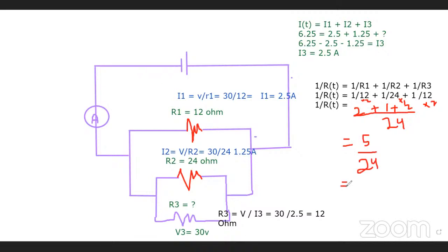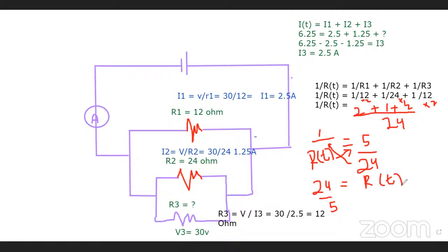Which is equal to 24 over 5. Yes, because RT is in the denominator, we are going to do the cross multiplication. RT will go here and 24 will go here. So it is 24 over 5, which is equal to RT. Okay, solve it.